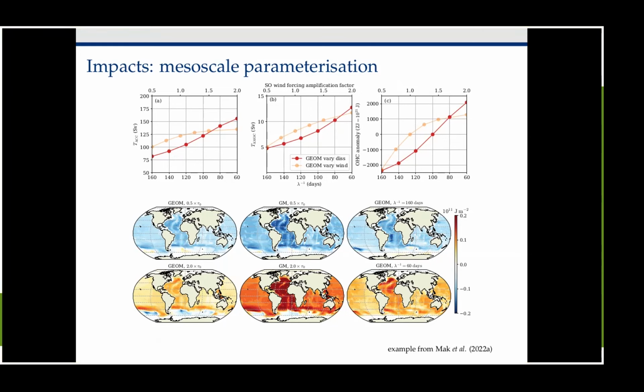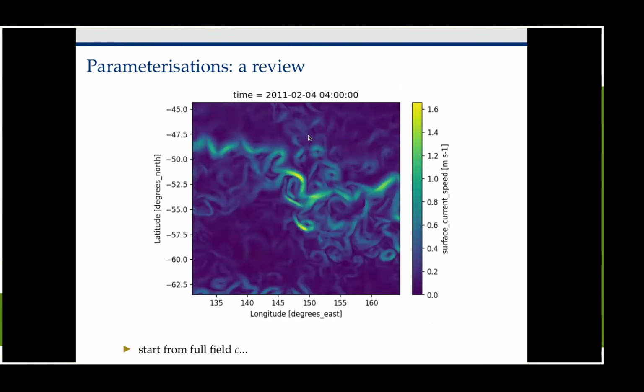The point I want to make is that we don't really think the wind is going to change by 50%, or double or half, under climate change scenarios. But we don't really have any idea what the dissipation should be. So this was indicating that you fix some problems, but then you introduce some sort of uncertainty, which at least tells you where the problem is, but you still need to go ahead and fix this uncertainty in the parameters. Okay, so those are the two things I wanted to say.